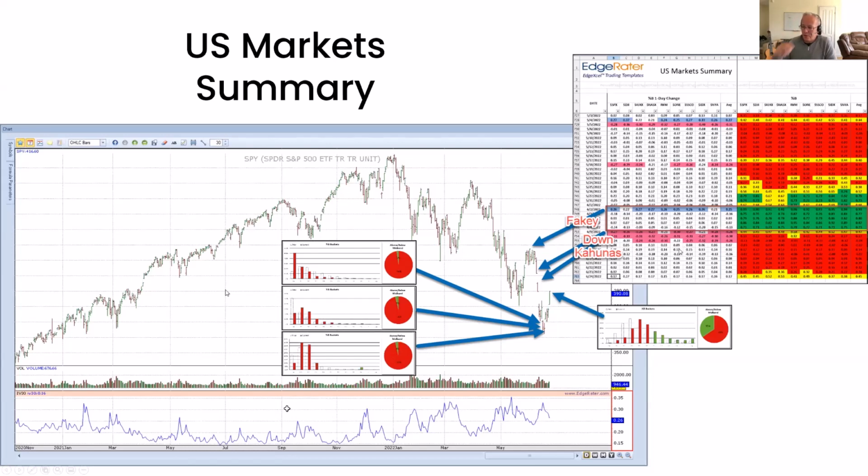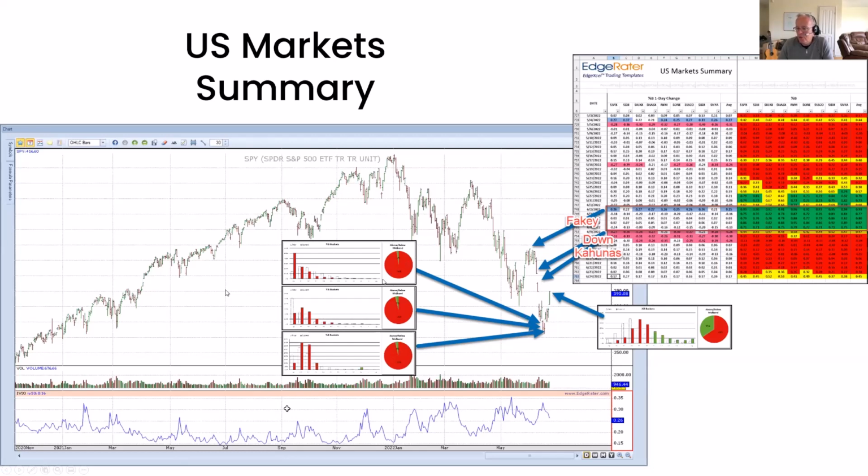And even after last week's rally, which was basically a rally for every single day of the week, even after that we still didn't see a kahuna, and we have only just started seeing some yellows come into the %B numbers. So I think that's an indication that the market isn't ready to have a strong rally from here.